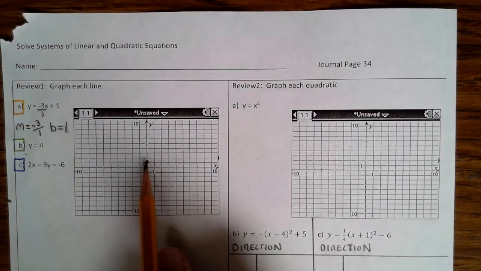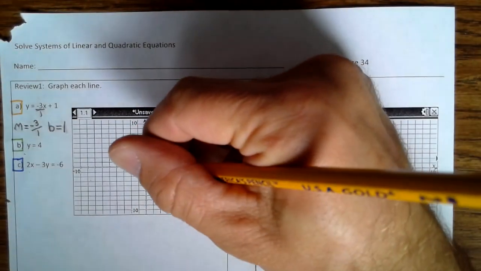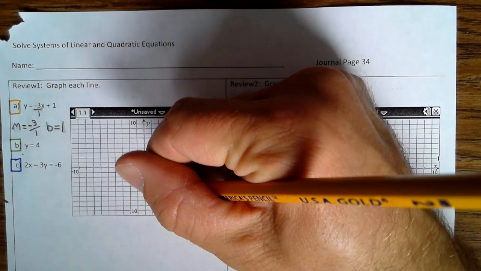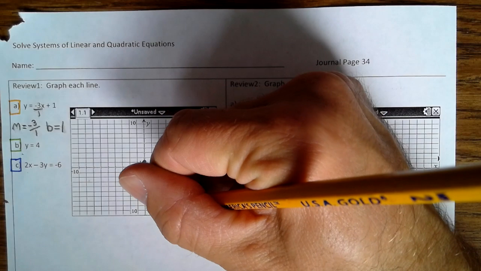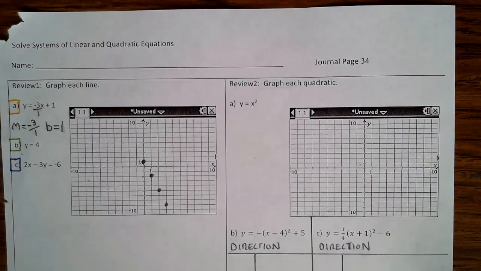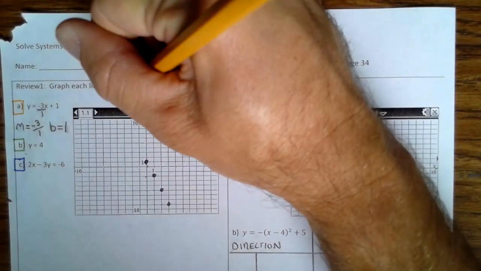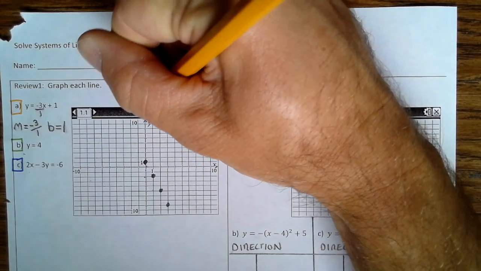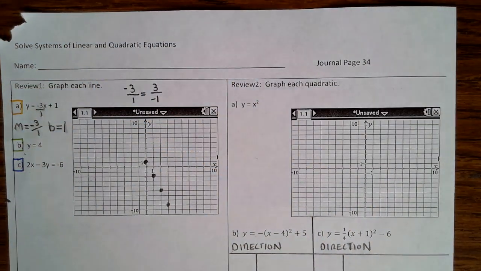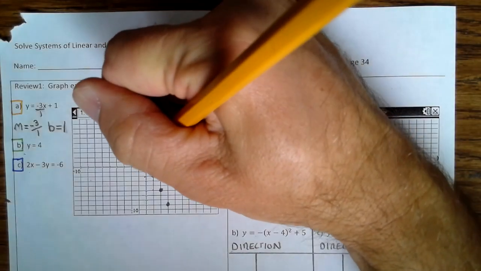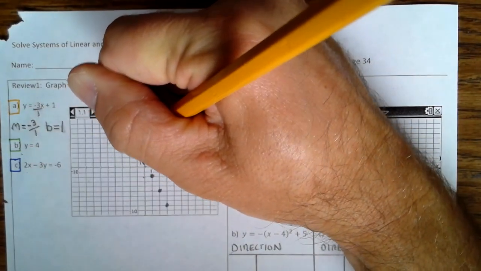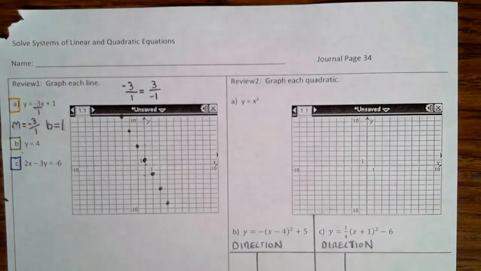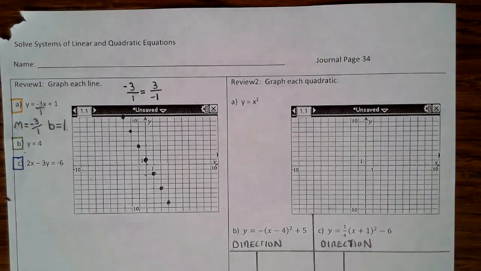And then from this point, we go down 1, 2, 3 to the right 1, down 1, 2, 3 to the right 1, down 1, 2, 3 to the right 1. Now, it's important to note that negative 3 divided by 1 is equivalent to 3 divided by negative 1. So knowing that, we can now go up 1, 2, 3 to the left 1, up 1, 2, 3 to the left 1, up 1, 2, 3 to the left 1. Okay? And this line will be in yellow.